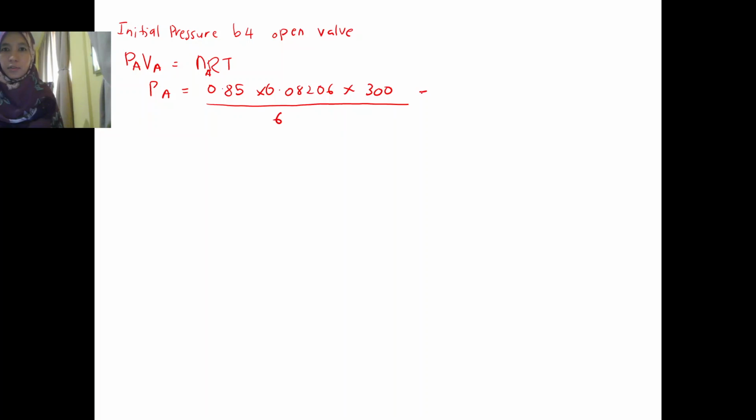So we have 3.48755 atm. Okay, using the same method, calculate partial pressure for gas Y.